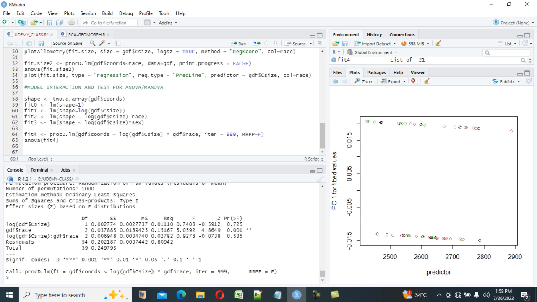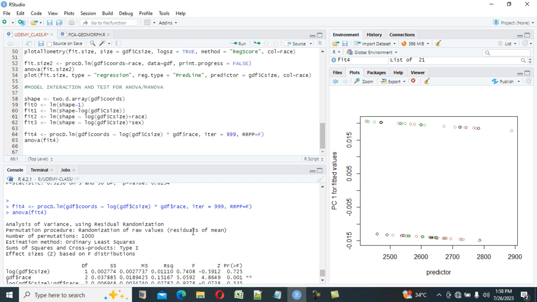Okay, so we have log size, we have race now, and race on size. Testing for race on size. Okay, we have that is significant. All right. This one is not significant. Race on size is not significant, but why is race significant? Right. So you can see what is called ANOVA here now.